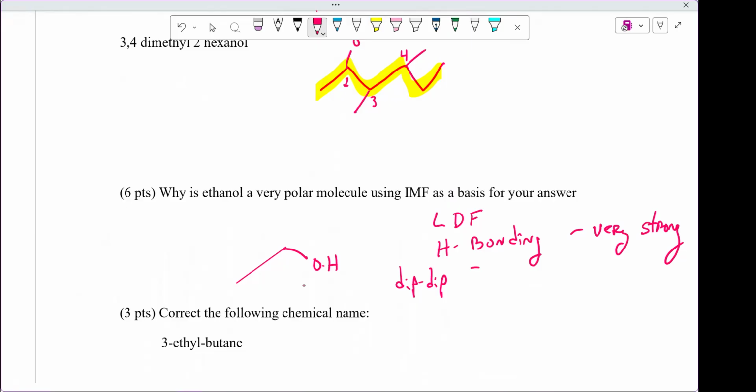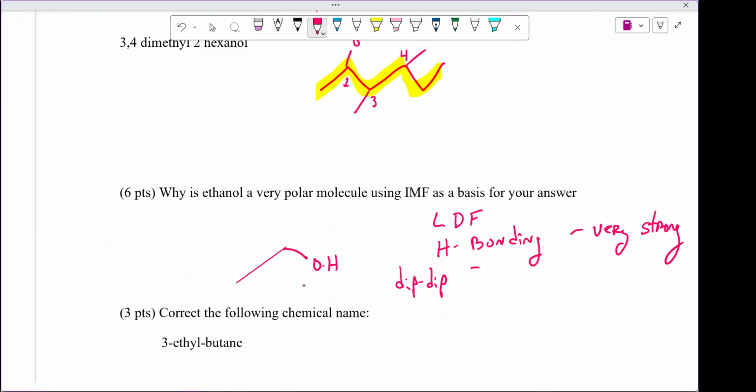If it's got an oxygen in it, but no H attached to it, it's still polar because oxygen is very electronegative, but it's not as strong as an alcohol, like an ether. It's got a C-O-C, so it's got the oxygen there, but there's no hydrogen attached to it. So it's not as strong as the hydrogen bonding one.